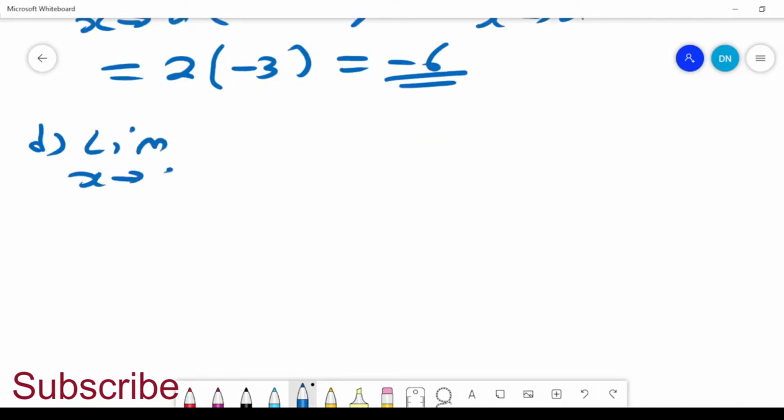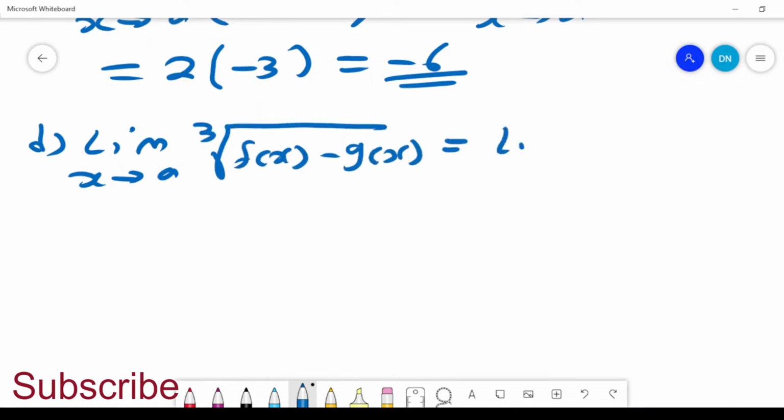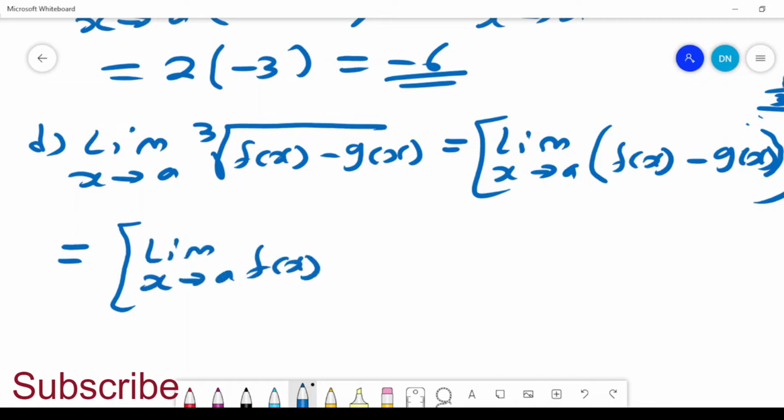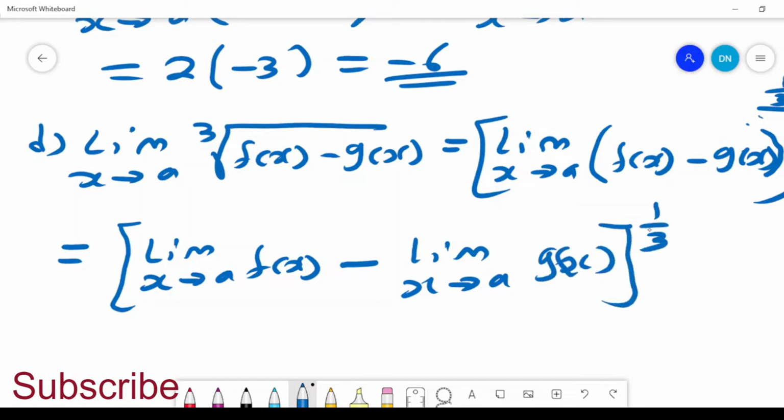The fourth example, limit as x tends to a, the cube root of f of x minus g of x is equal to limit as x tends to a, f of x minus g of x, everything raised to power 1 over 3, which will basically be equal to limit x tends to a of f of x minus limit as x tends to a of g of x, everything raised to power a third.